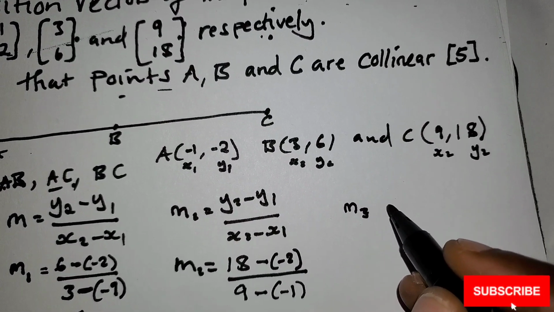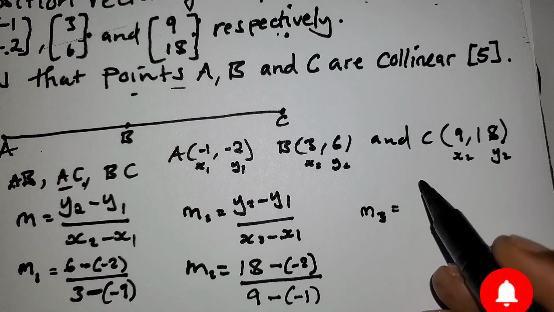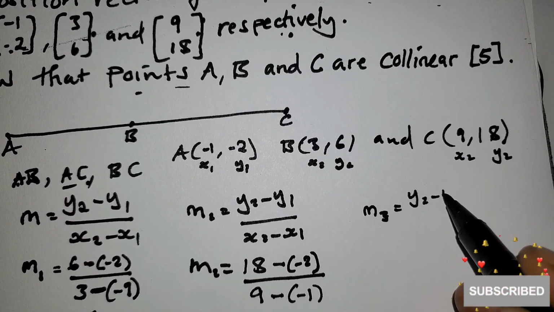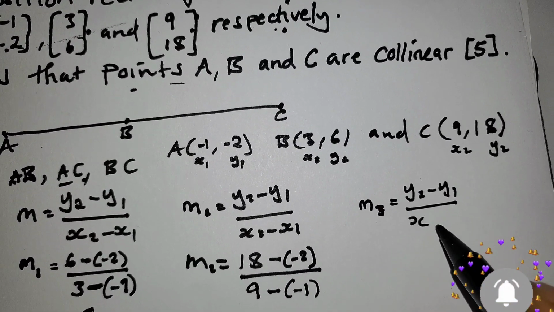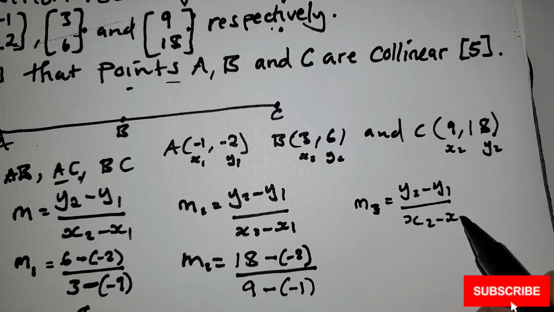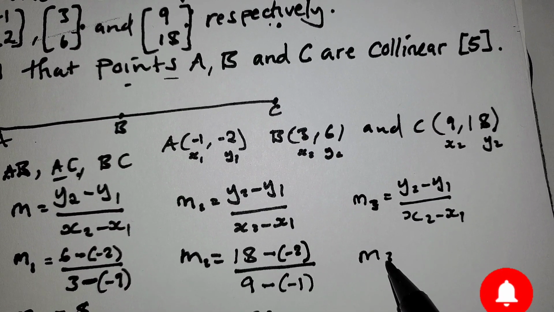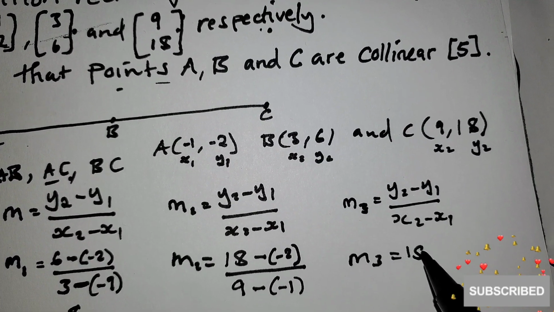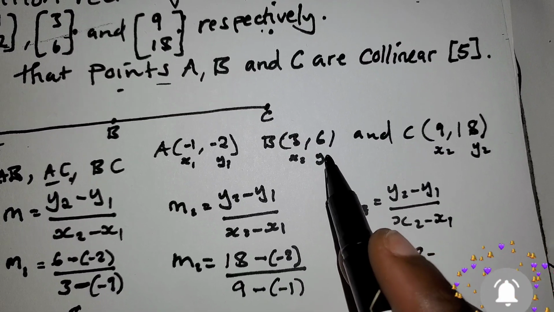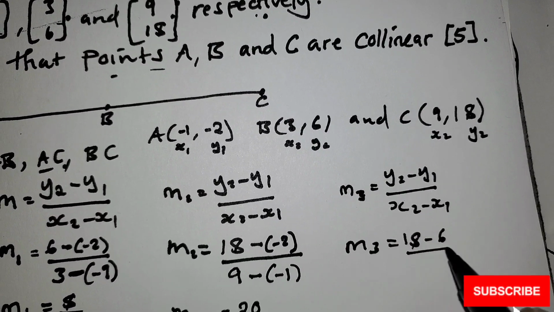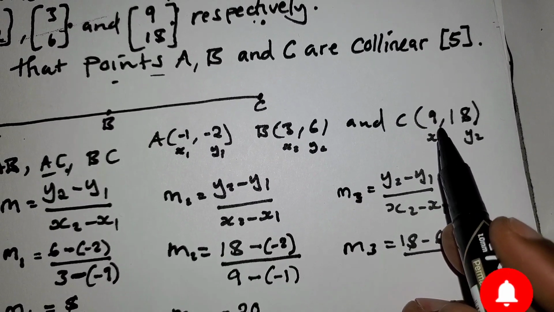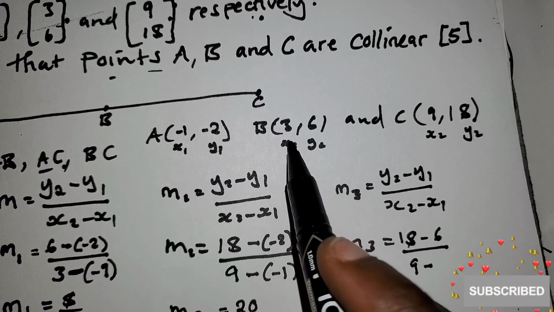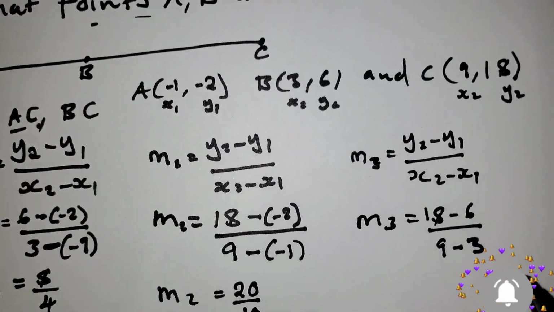I will find the third gradient. m3 is equal to y2 minus y1 over x2 minus x1. y2 here is 18, minus y1, which is 6, over x2, which is 9, minus x1, which is 3.